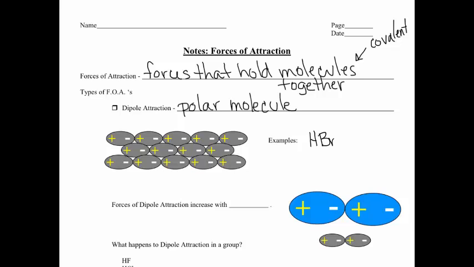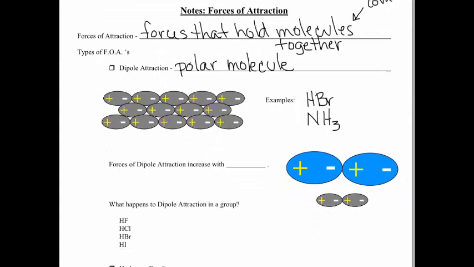HBr, because the H end of the molecule is slightly positive, the Br end being slightly negative. Another one might be NH3, but we're going to talk about that one again because it gets a little more complicated with ammonia. When we talk about these dipole attractions, you can actually compare between different polar molecules how strong that attraction is.